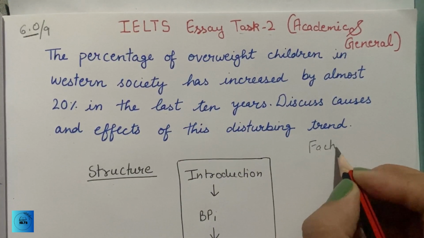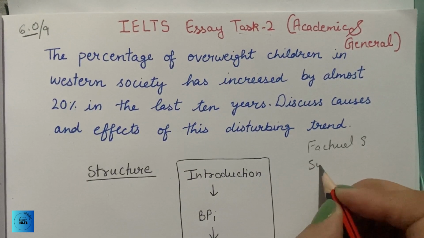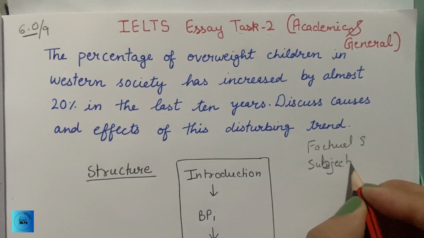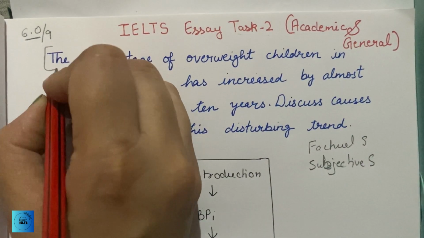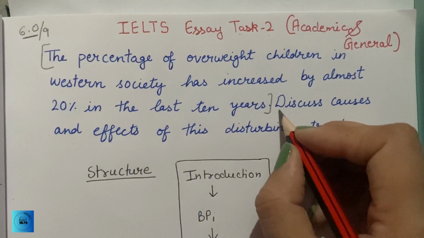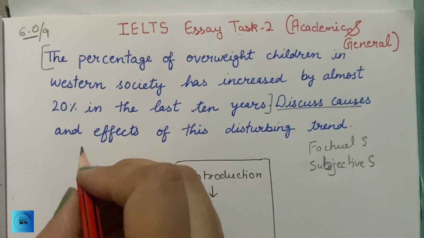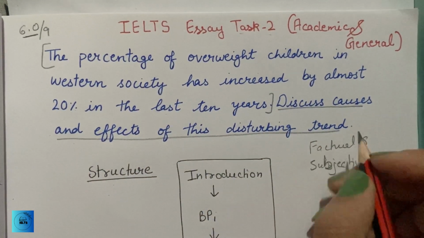One is a factual statement and another one is a subjective statement. The factual statement is from the percentage to years, and the subjective statement, in which a question is asked, says that discuss causes and effects of this disturbing trend.